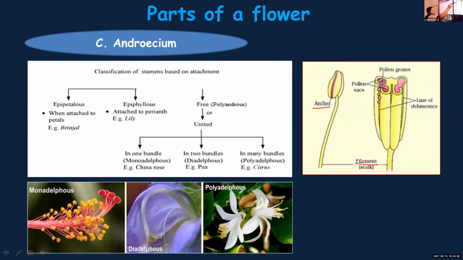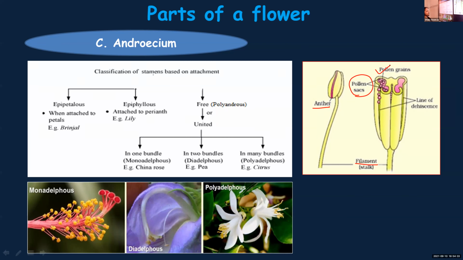Inside the anther, a pollen sac will be present, and the pollen sac will be filled with pollen grains. Each pollen grain consists of two male gametes. In class 10, you had learned about it. So once again, androecium consists of stamens, and each stamen has two main parts, anther and filament.